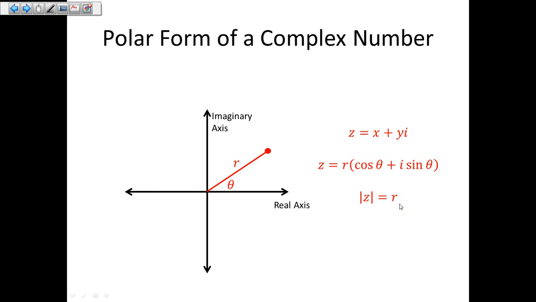So this is actually equal to the square root of x squared plus y squared. Our theta, just like it was before, is an angle measured from the real axis or from the polar axis. Kind of one and the same here. So this is what a complex number in polar form looks like.